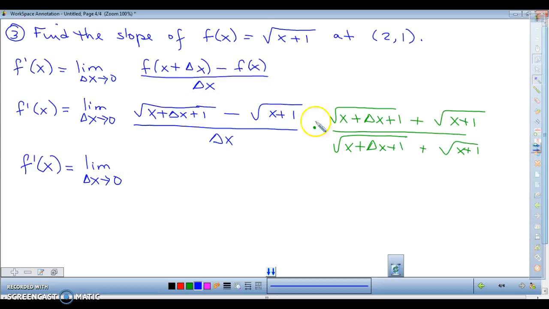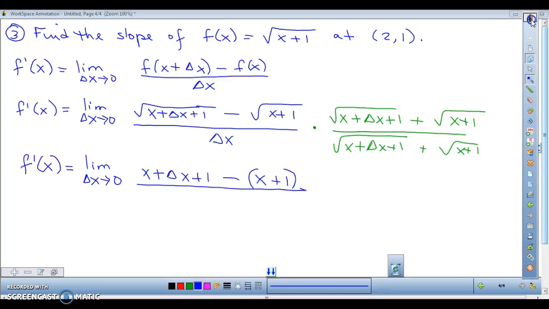Alright, so we're going to multiply here. That's going to give us x plus delta x plus 1, and then minus a quantity. Alright, you're not going to just subtract x plus 1. You're subtracting the quantity of x plus 1, which is going to require you to distribute a negative right there. Very common mistake. Students miss that a lot, and then they get totally messed up and they don't know how to fix it.